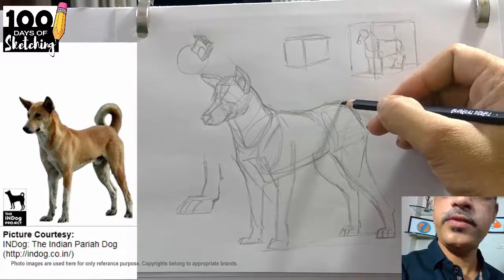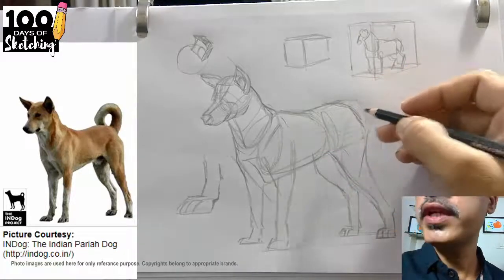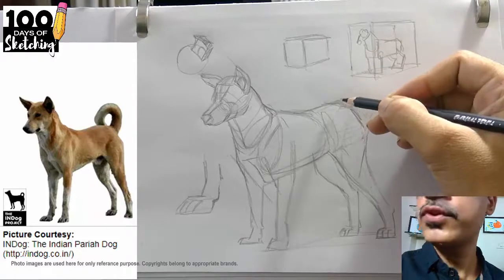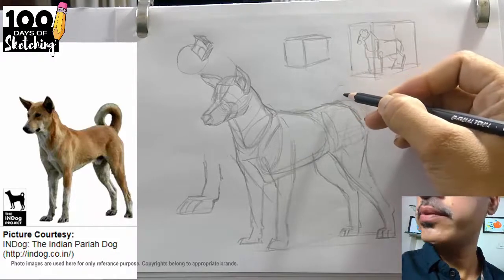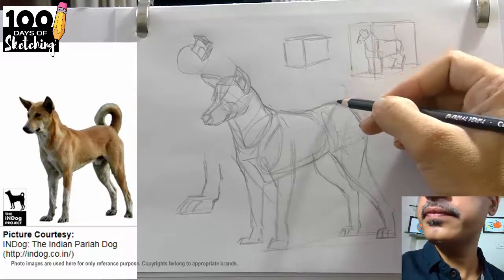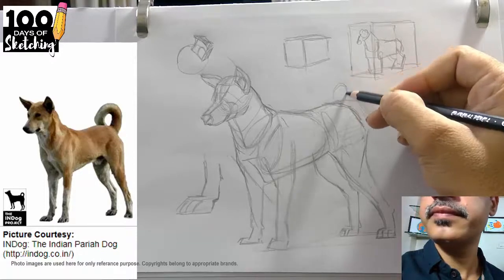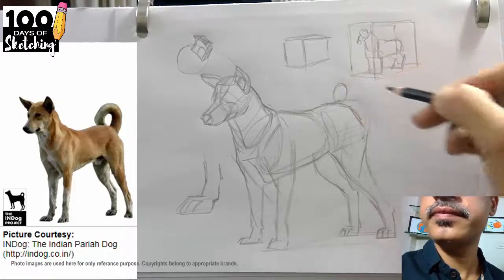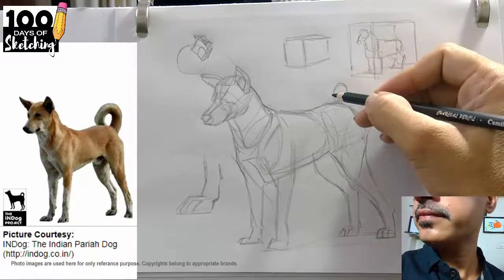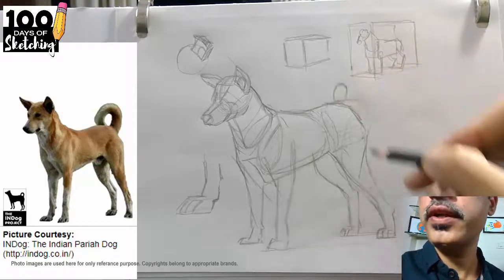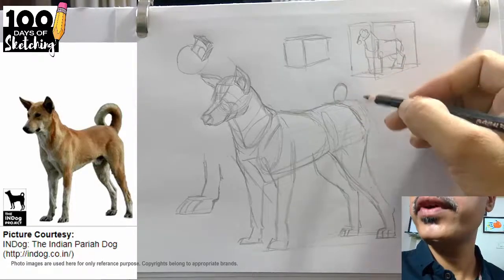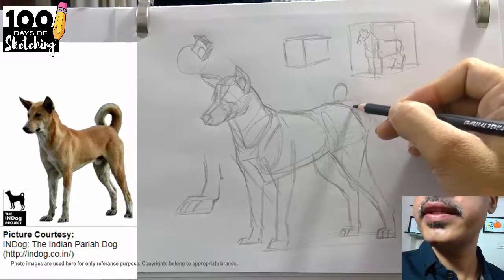Now if I come to the tail, I can see this oval shape here. So I drew that first, and after that the thickness.